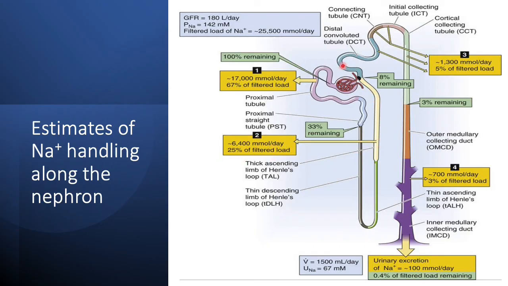After some time, when it is reaching the distal convoluted tubule, 5% of the sodium is reabsorbed, and the remaining 3% is reabsorbed by the collecting duct. So ultimately urinary excretion is approximately 100 millimole per day, or 0.4% of the filtered load remains in the urine. Completely, the rest of the part is reabsorbed.